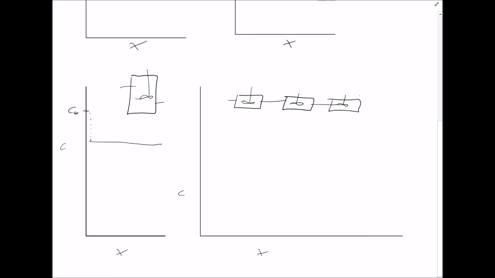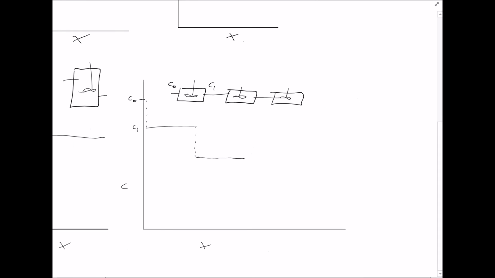For the three CSTRs in series, the reactants enter at C0, drop down to the operating concentration of the first one. So we reach C1 here. Then they enter the second reactor. The concentration drops to the operating concentration of the second one. So C2 here. And then the concentration drops again to the operating concentration of the third reactor.